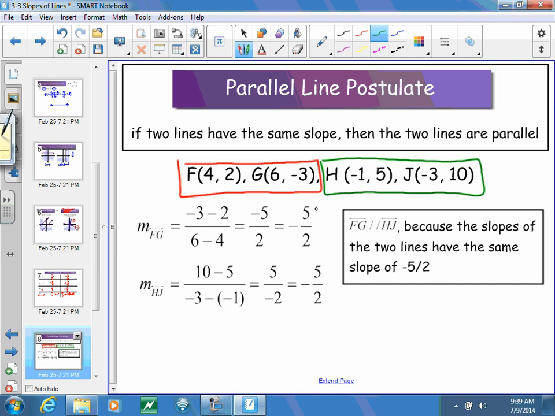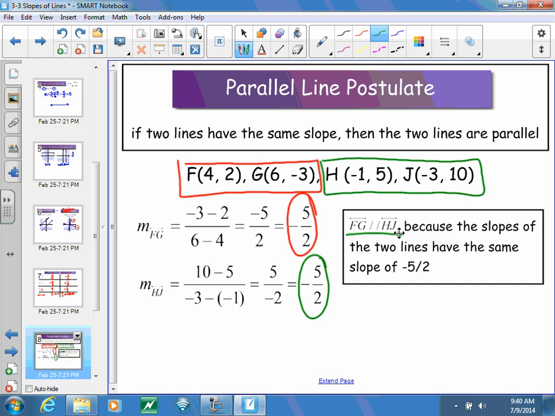The slope of FG is -5/2, and the slope of HJ is -5/2. Well, these two slopes are the same. So that means that FG has to be parallel to HJ because the two lines have the same slope of -5/2.